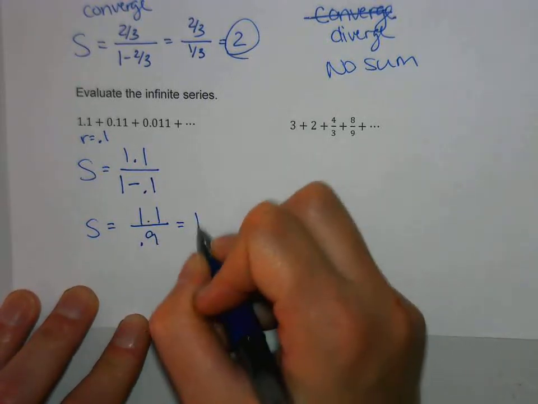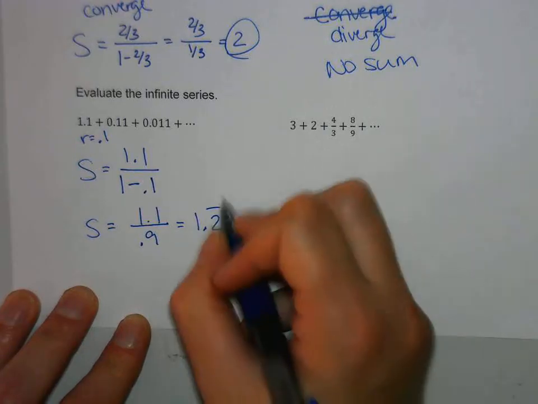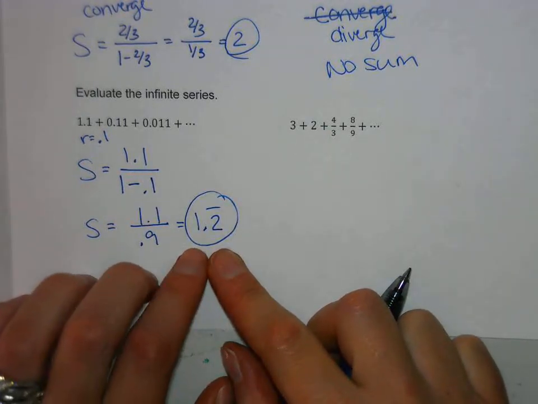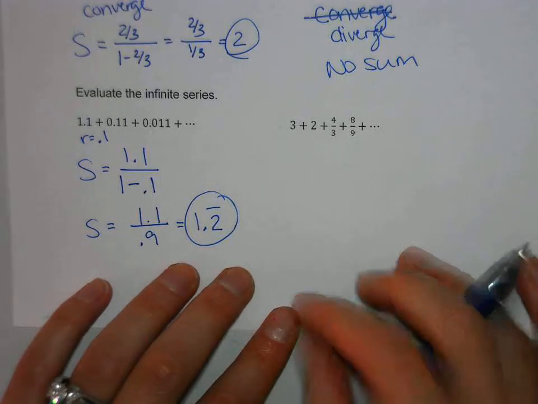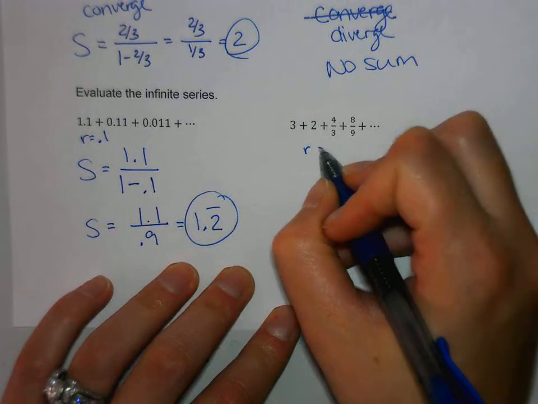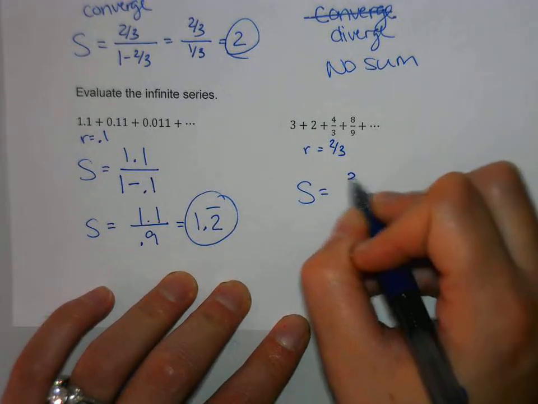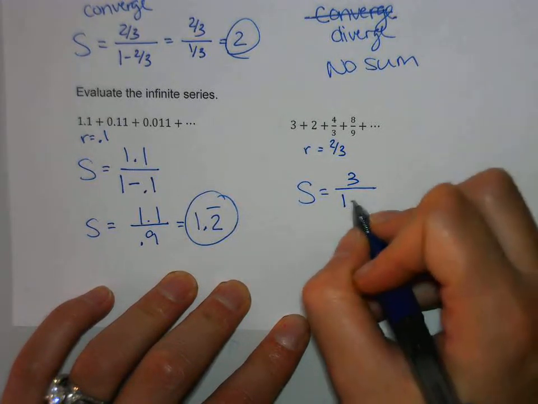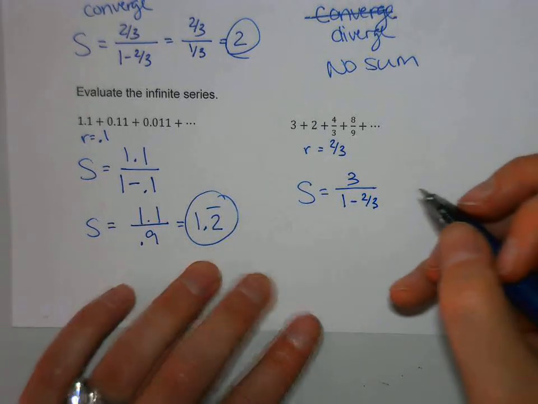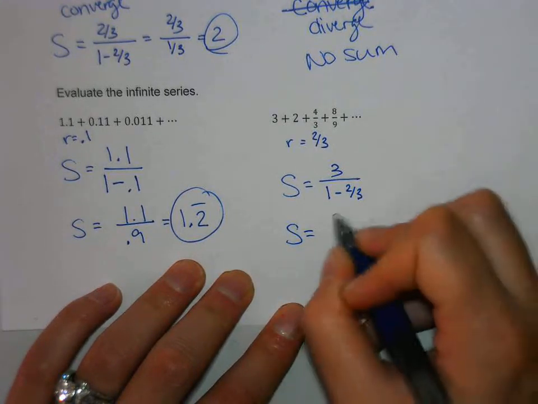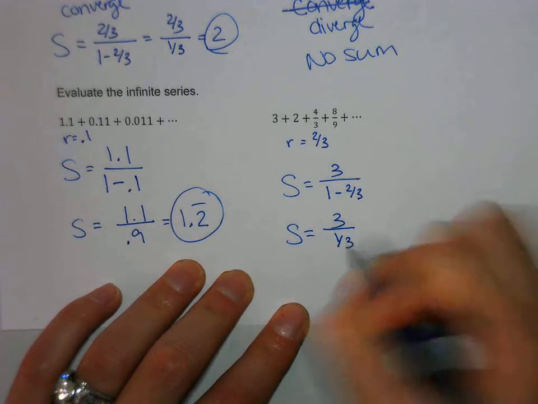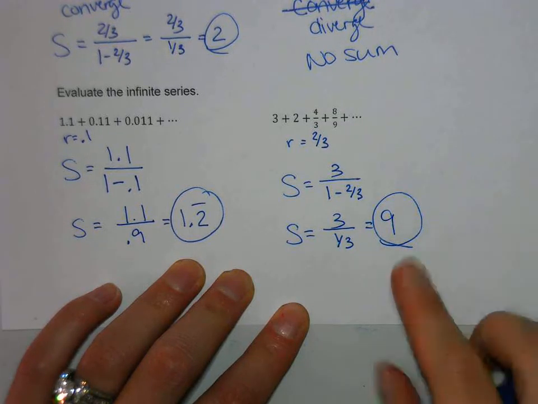So the sum is 1 2/10. This one, our ratio is we are multiplying each by 2/3, so this still converges. Our first term is 3, and 1 minus 2/3 is 1/3. So the infinite series will add together to be 9.